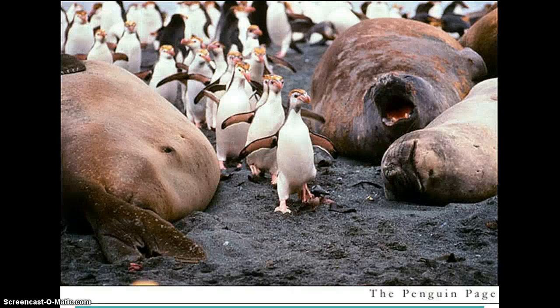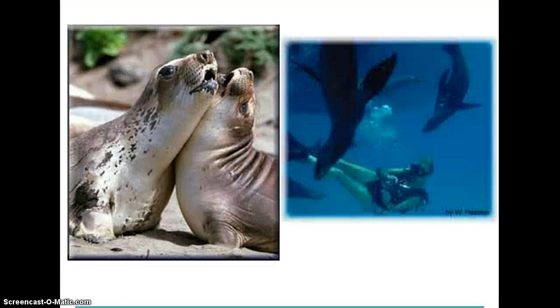Let's look at some examples here. So in penguins, well, let's look at the seals here, or the elephant seals here. So they are primarily an aquatic organism, but they live on land, so they mostly have traits that allow them to be good swimmers, like in these sea lions here. These front flippers are used for swimming, but they also use them for walking on land.